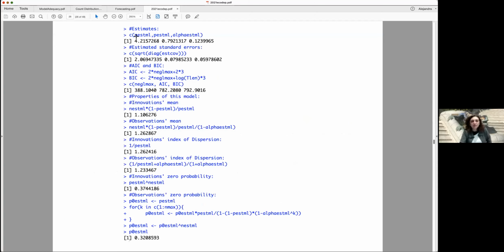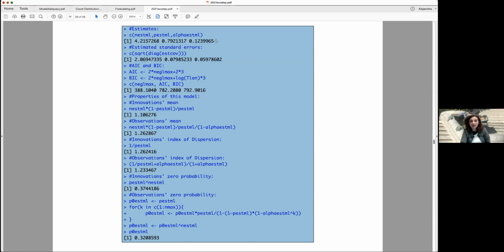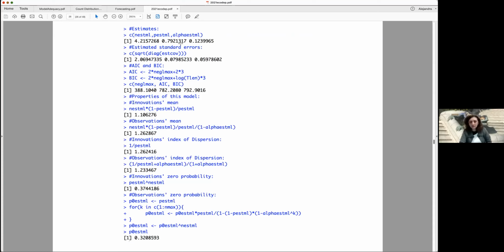So we have different estimates here. For the negative binomial we have the N, we have P, and we have alpha, the thinning parameter. We have the standard errors. We have AIC and BIC, which are slightly smaller than the ones we had before, not much.